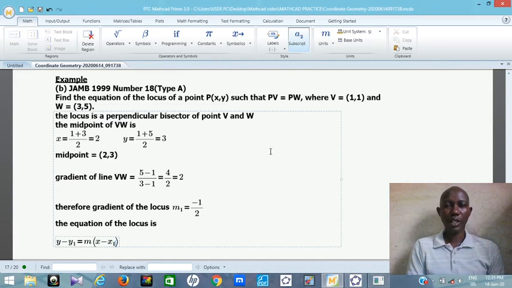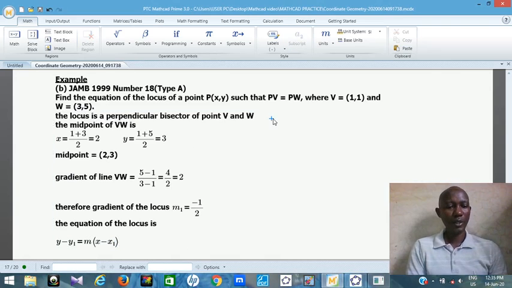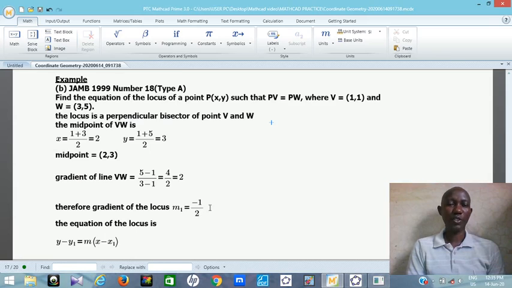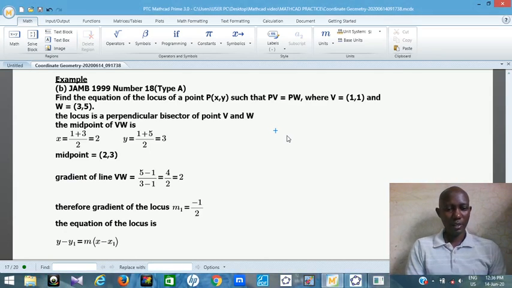So this is the equation we are going to use. Our midpoint has been known, where the locus passes through. Since the point is known, x1 is 2, y1 is 3. Then the gradient is also known as minus 1 over 2. So with this we can finish our solution on this page.